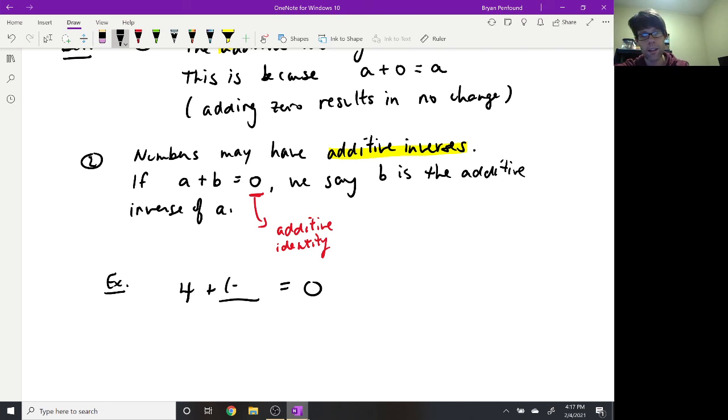And in fact, it's -4, right? So -4 is called the additive inverse of +4. It's just some terminology that you might see crop up as you're doing some reading. Essentially, we think about the additive inverse as the additive opposite of the thing that we're working with. So -4 is the additive inverse for +4.